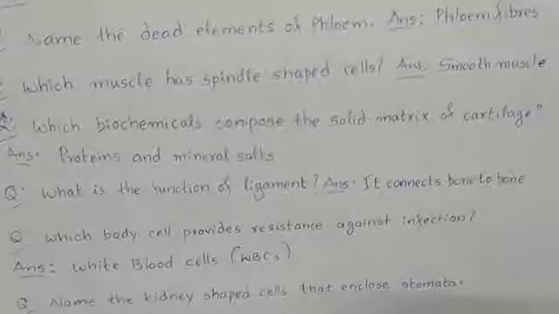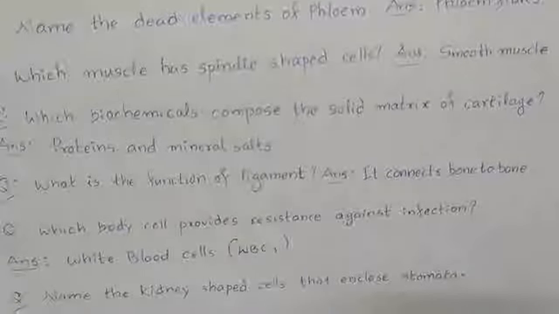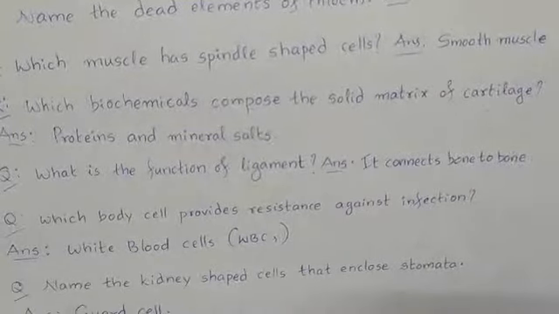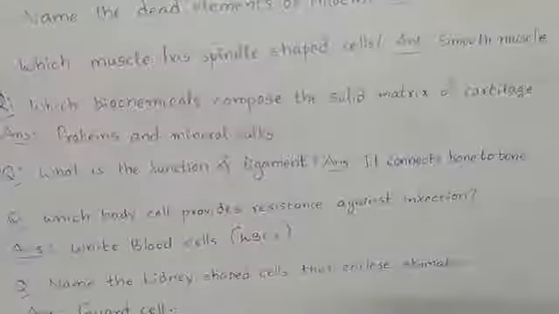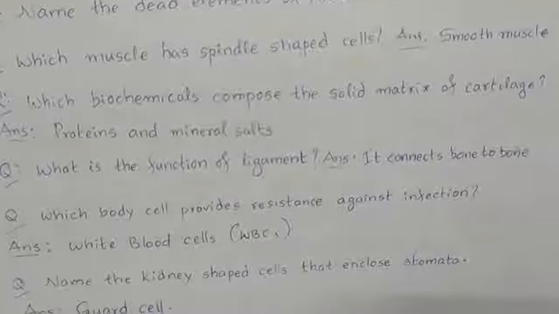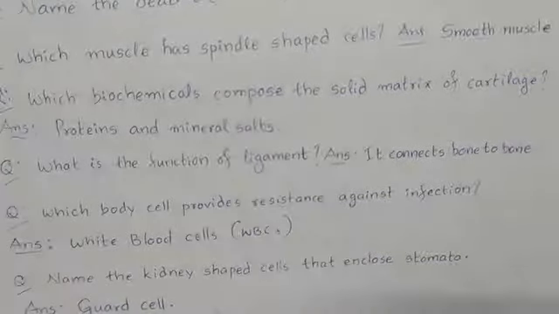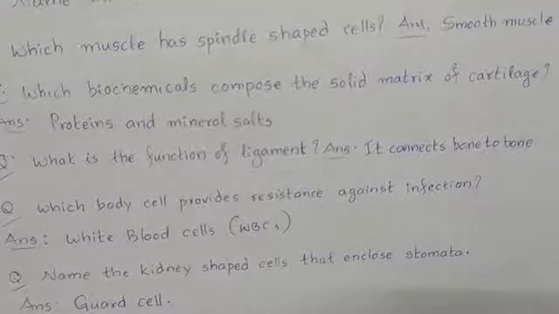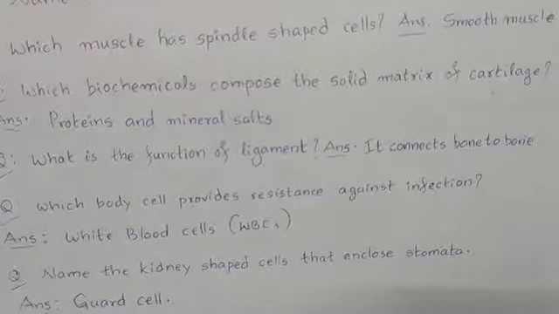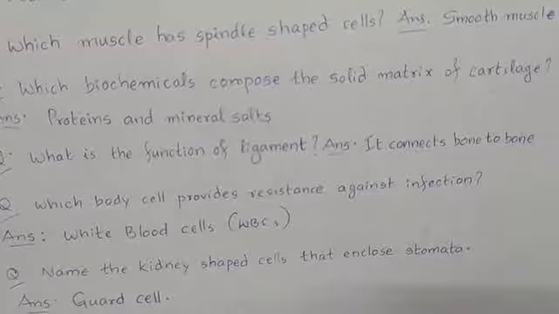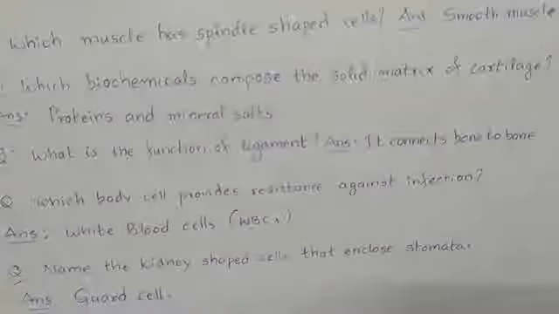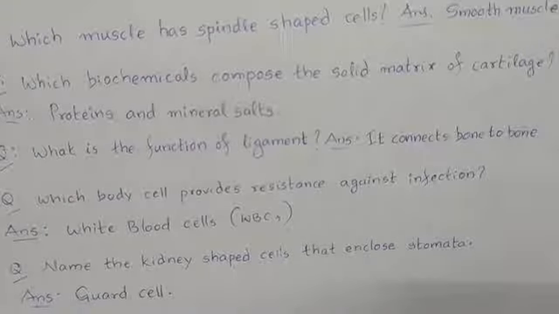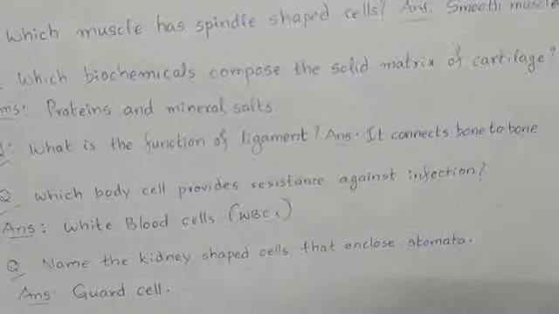Which biochemicals compose the solid matrix of cartilage? The solid matrix of cartilage that offers flexibility is made up of proteins and mineral salts. Proteins and minerals present in the cartilage provide flexibility.